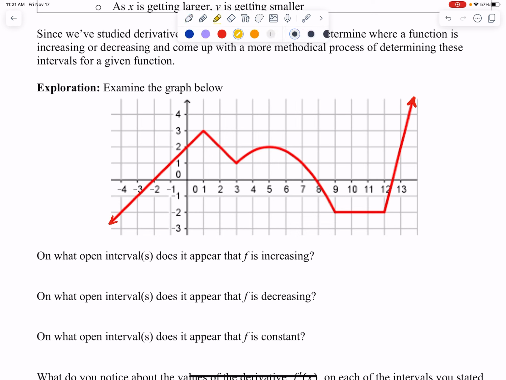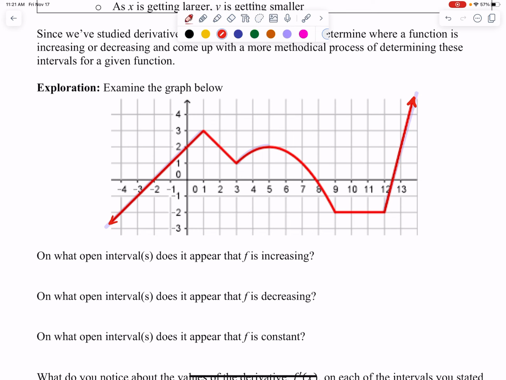Okay, so this function, reading the graph, looks like it is increasing on the intervals where, as x is getting larger, the y values are also getting larger, which would be from negative infinity to 1, also from 3 to 5, and then from 12 to infinity.